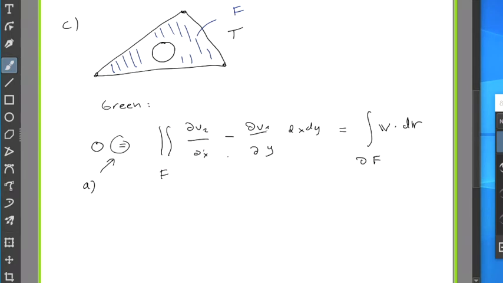Because there we calculated that the thing that's inside the Green integral here is exactly equal to 0.